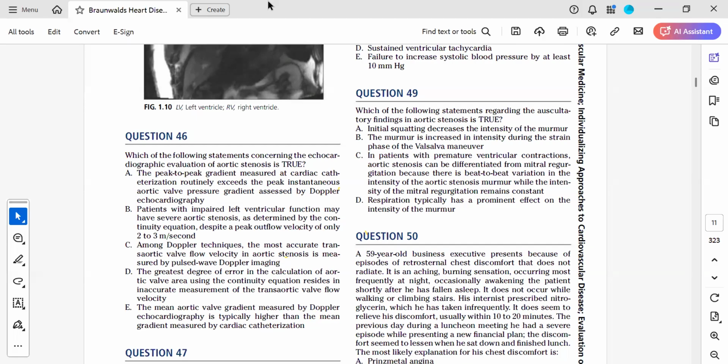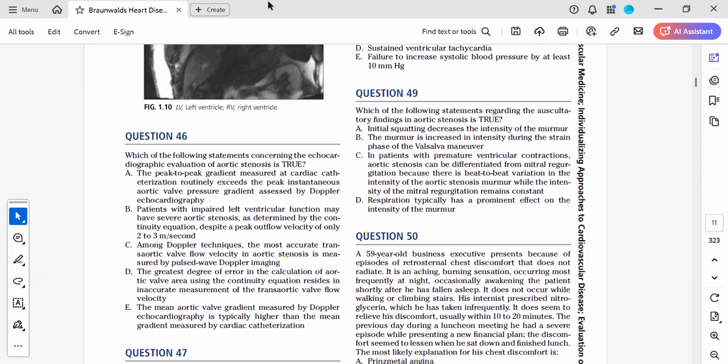And then if you have low flow, low gradient, that's in the presence of ejection fraction less than 50, the gradient across the valve might be around 40, even less than 40. And then also the jet velocities are 2 to 2.9, 3 to 3.9, and then greater than 4 for severe. So let's go to the options.